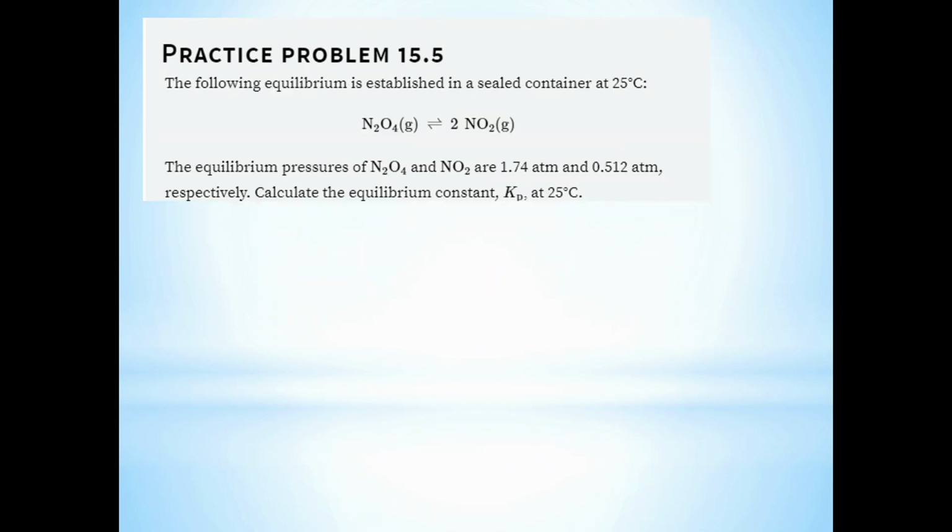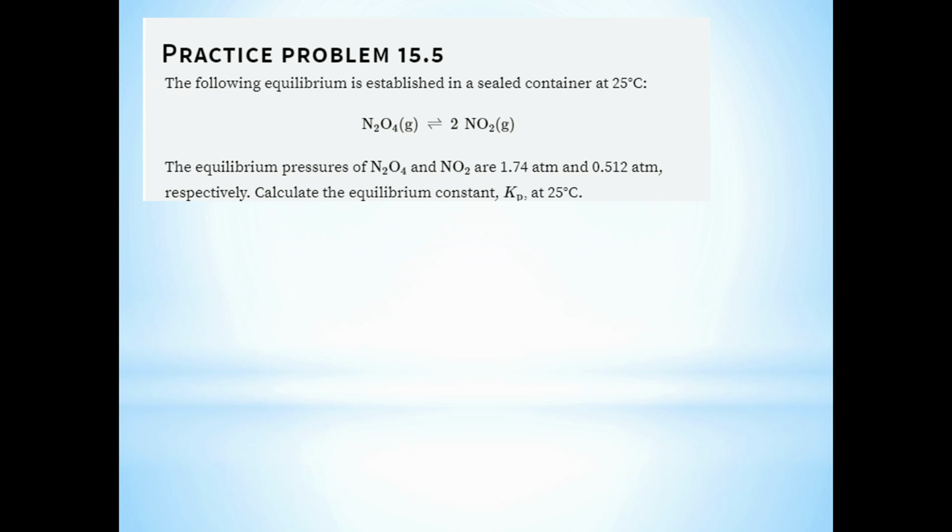Okay, N2O4 breaks down to 2NO2. The equilibrium pressures of N2O4 and NO2 are given in atmospheres. Again, whether I give a pressure here in torr or in atmosphere is unimportant because the K values are unitless.